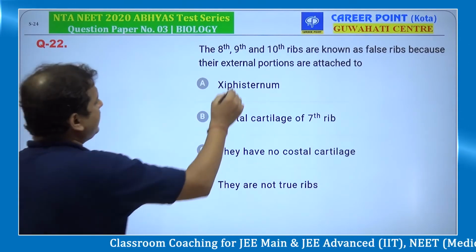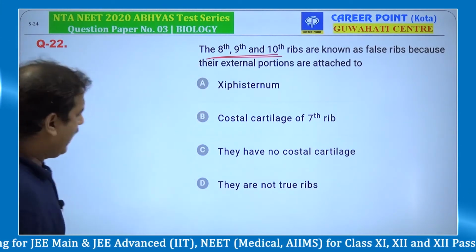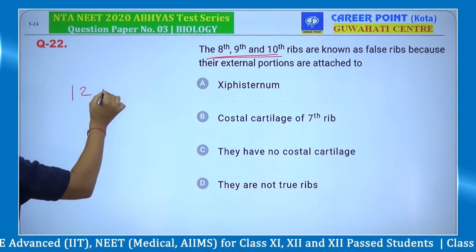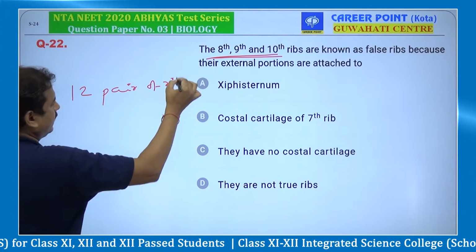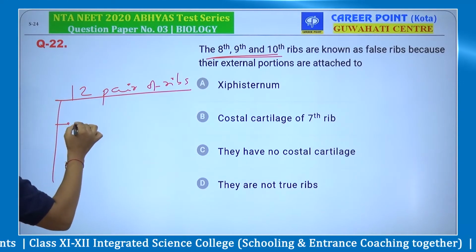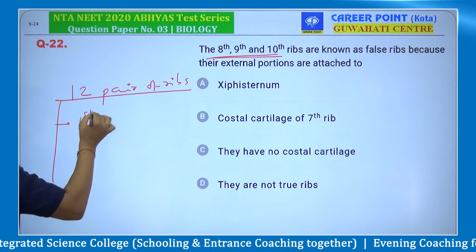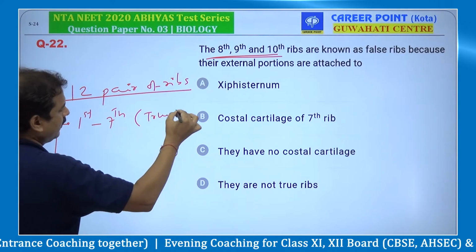Next, the 8th, 9th and 10th ribs are known as false ribs. Now how many pairs of ribs? 12 pairs of ribs. Please remember, out of 12 pairs, the 1st to 7th are called true ribs.